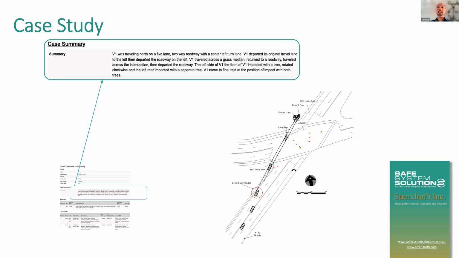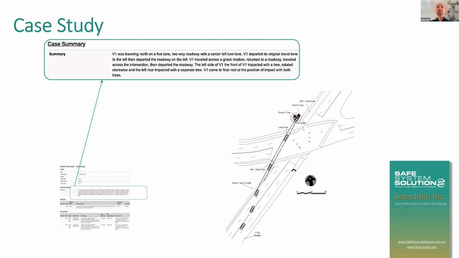So that's where it departed the roadway. Vehicle 1 traveled across a grass median, returned to the roadway and traveled across the intersection. So that's there, and then travel across the intersection there.